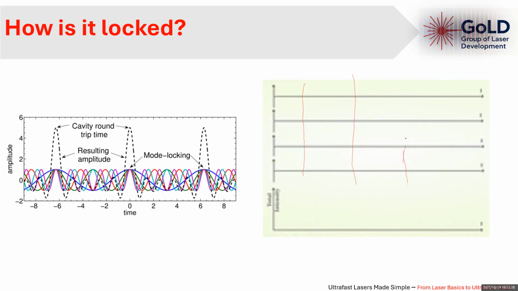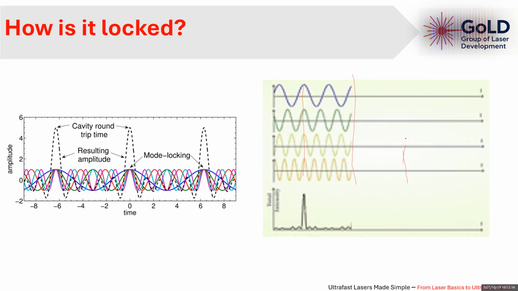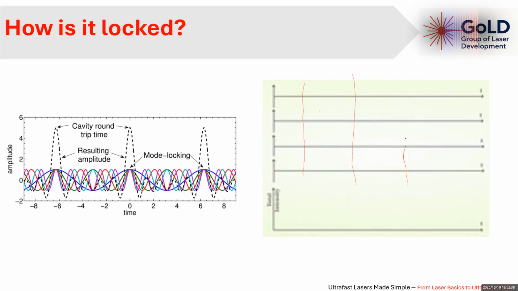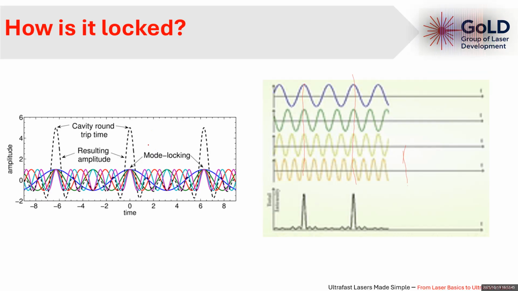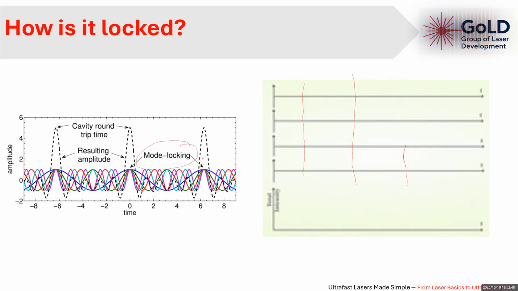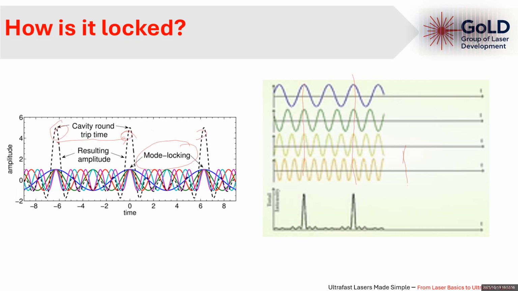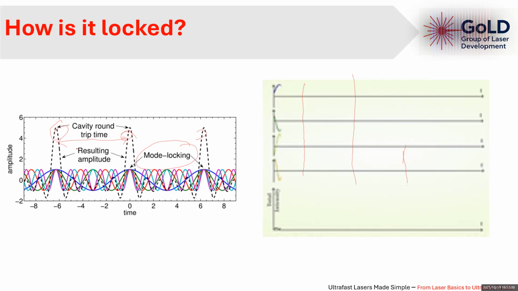So you don't see the locked phases all the time, and that you can control somehow, how to lock the phases at certain frequency at certain time intervals. And this one on the left side you can see is locked pulses. And these locked pulses depend upon the round trip time of the cavity.